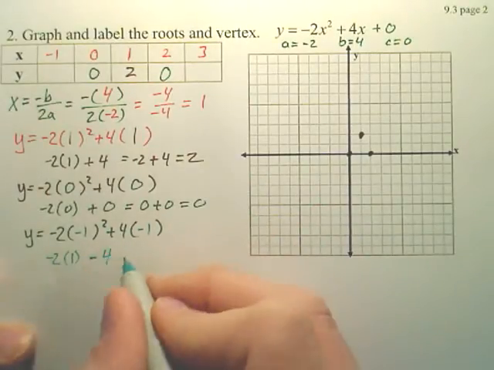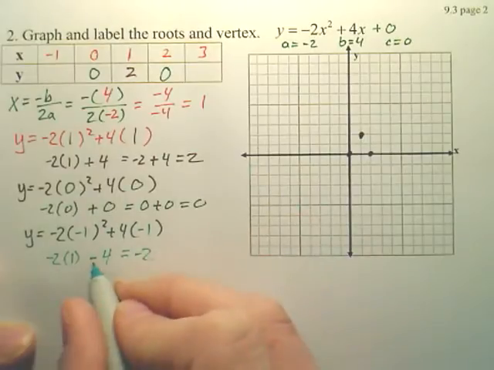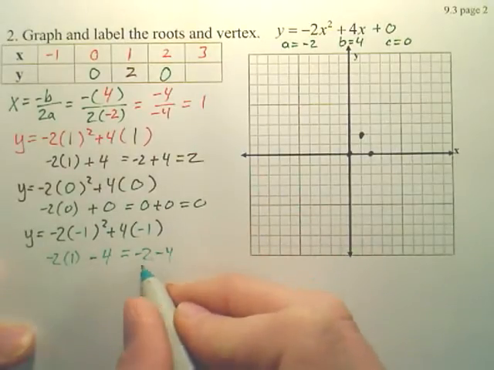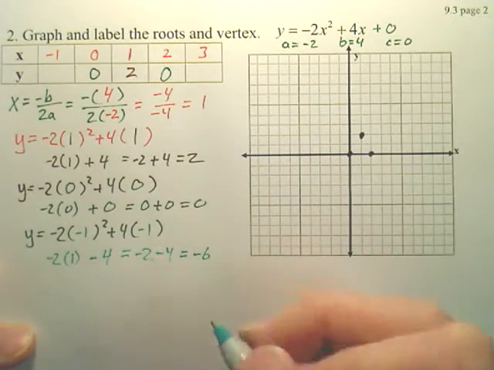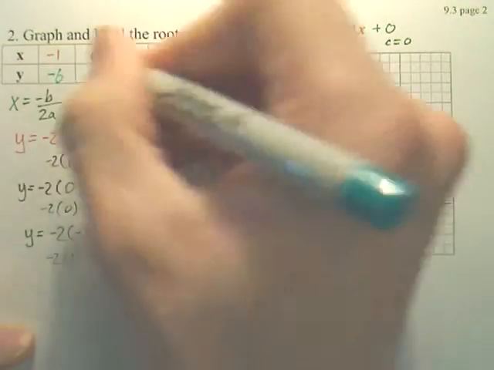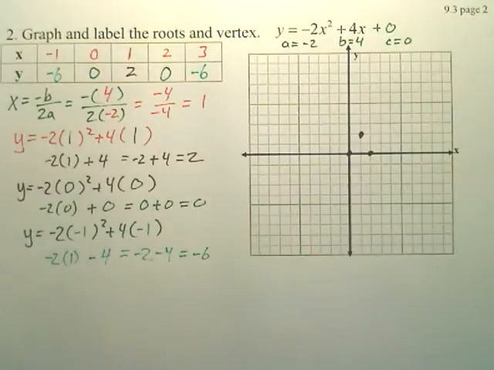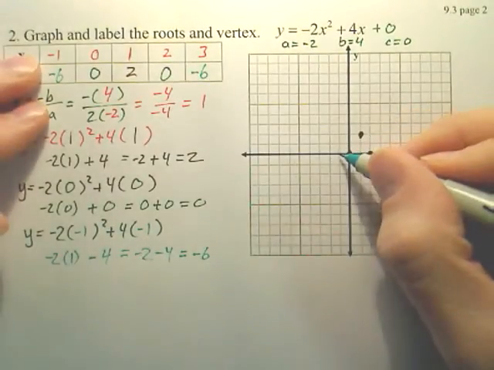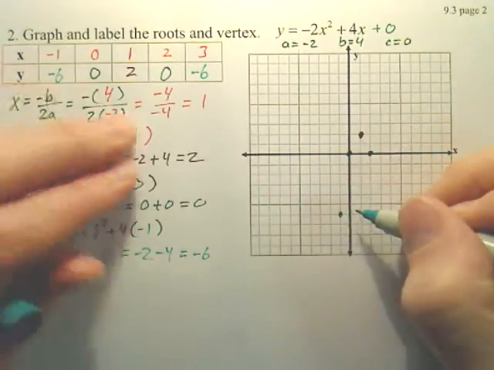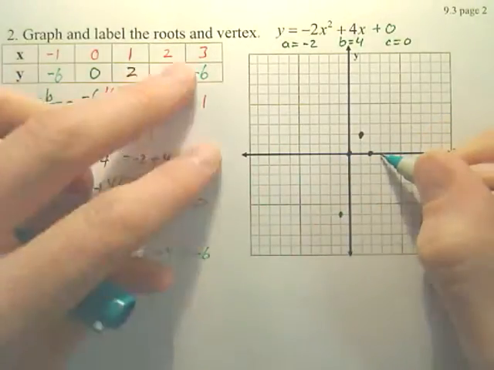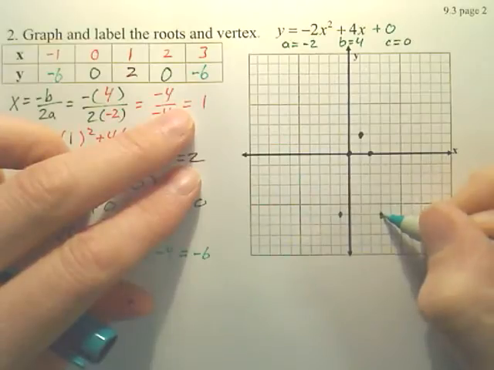So -2 times 1 is -2, minus 4. So a -2 and a -4, that's -6. Which means at -1, you're going to go down 6. And at 3, you're going to also go down 6.